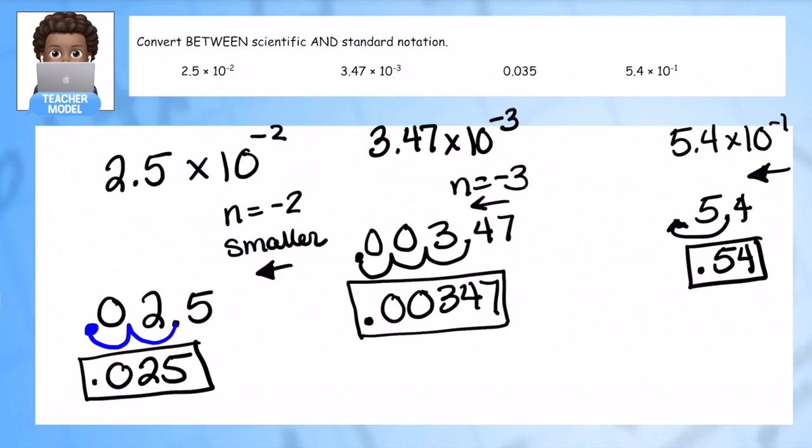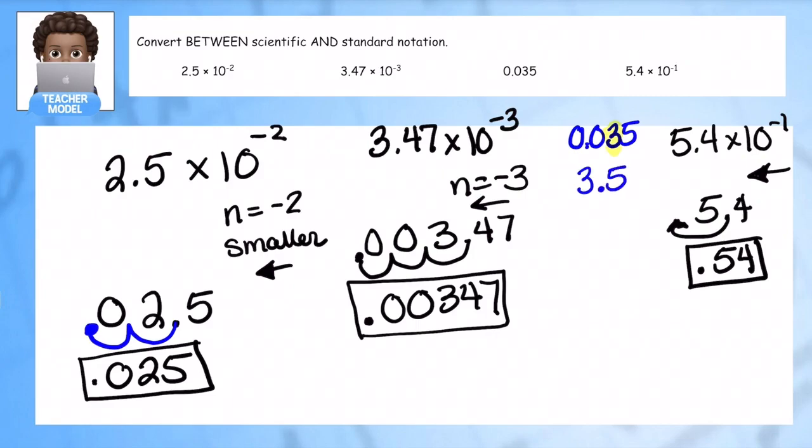I'll make the last one in another color. 0.035. Again, I know that I need to make this number smaller, so my exponent is going to be negative. I want to put my decimal behind this number 3. So it should be 3.5.